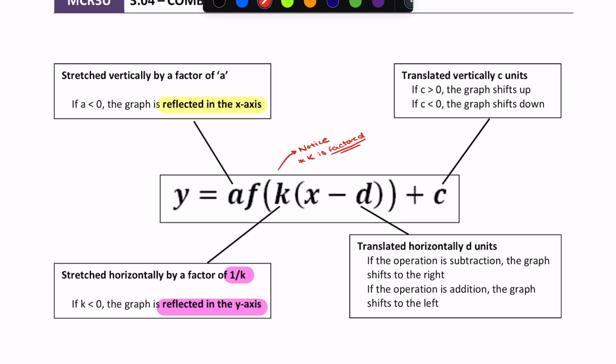Now let's look at our translations. If we look at our d value, it's translated horizontally d units. Remember, it is the opposite direction to the sign for d.